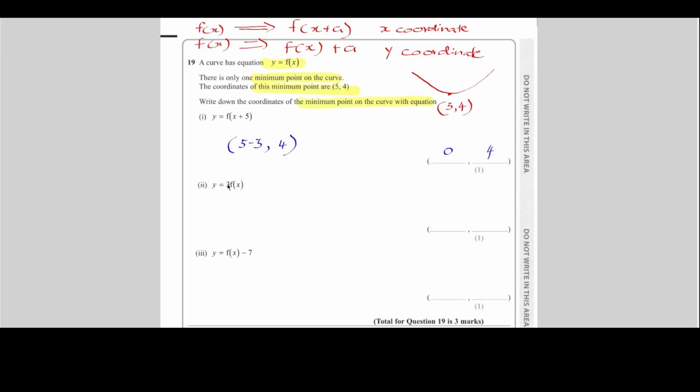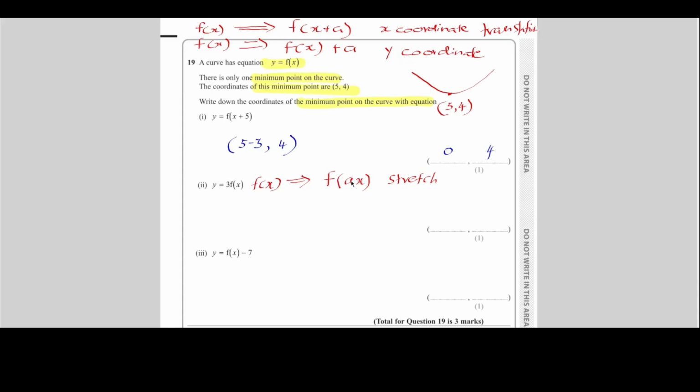I hope that you got this. Next one. Now the original one is f of x. When we are getting f of ax, inside the bracket, then the x coordinate gets changed. The x coordinate is always opposite. Because it is inside the brackets, if you spot a multiplication, it is a stretch. Now this earlier one was translation.